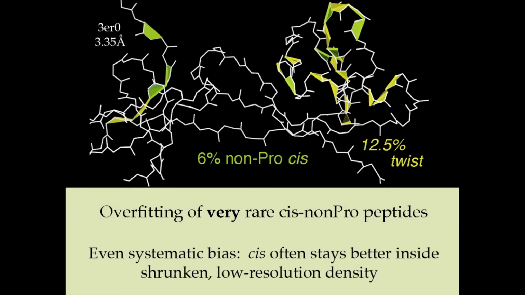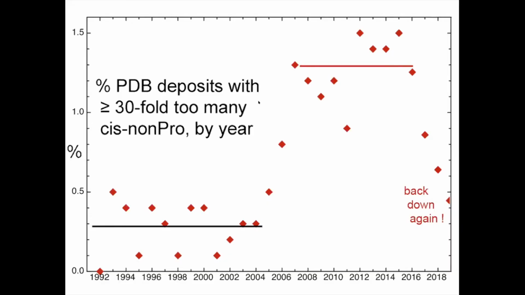And this is true even at high resolution in the bad, disordered parts where the density is bad. And so this shows the epidemic when the rate of cis-non-prolines went way up. And by now it's gone back to more or less where it was before, because people know now they're flagged in our programs and in COOT and lots of other places, and most justify fitting them.